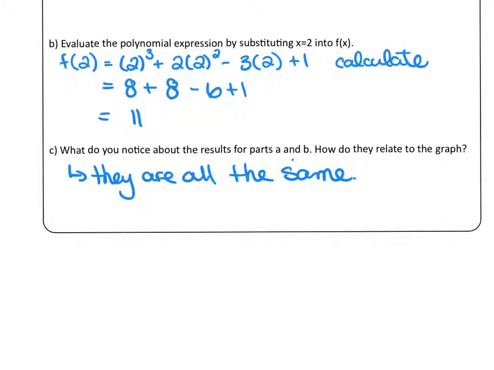You should get the same if you do a table of values, and you should get the same if you just do some substitution. Otherwise, if they're not all the same, then you probably did a little bit of math that's not quite correct, and I would go back and check it again. But yeah, all three ways work.